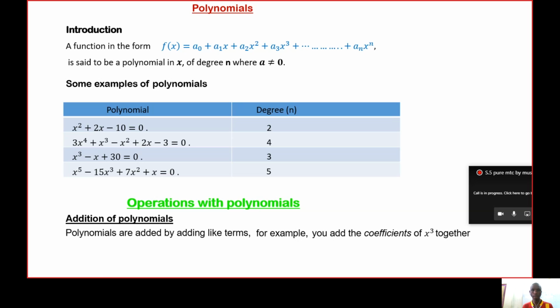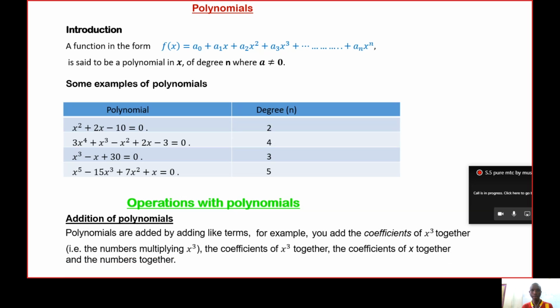For example, I can say 2x^3 + 3x^3, and what do I get? I get 5x^3. So when we are adding polynomials, we add by adding the like terms, i.e., the numbers multiplying x^3.